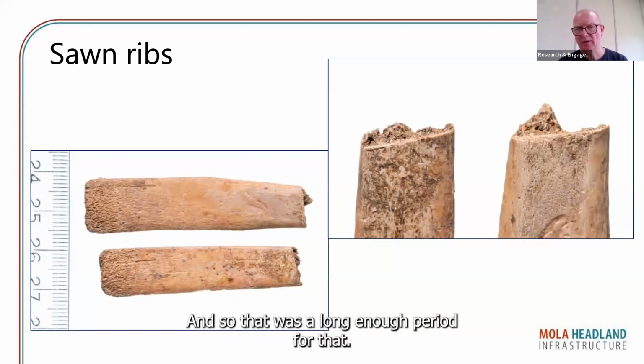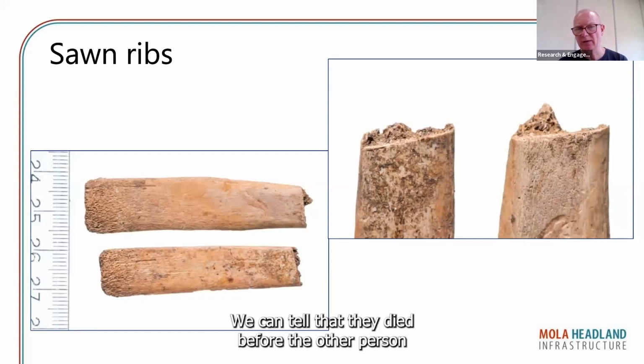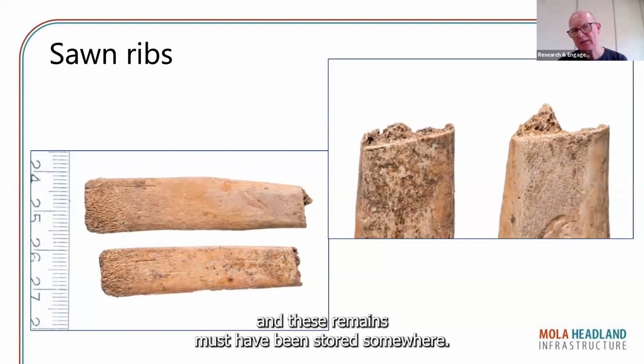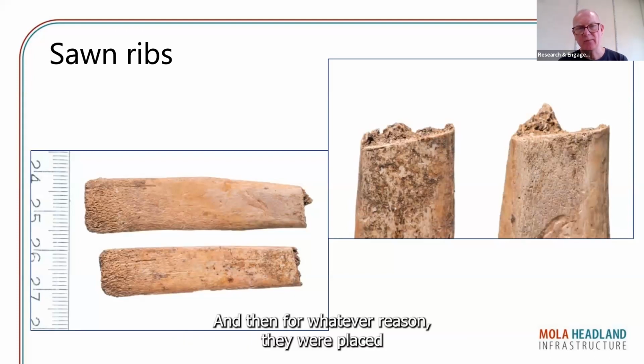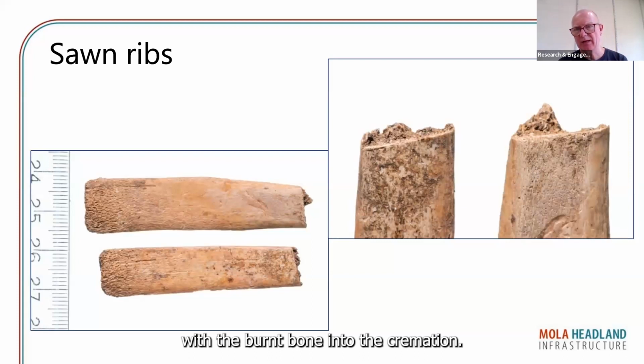So there was a long enough period before that we can tell that they died before the other person. And these remains must have been stored somewhere. They're in such good condition, they must have been stored fairly carefully. And then for whatever reason, they were placed with the burnt bone into the cremation urn. So very unusual behavior.